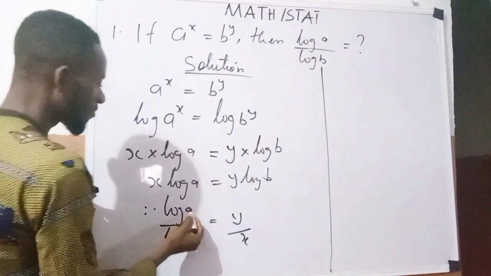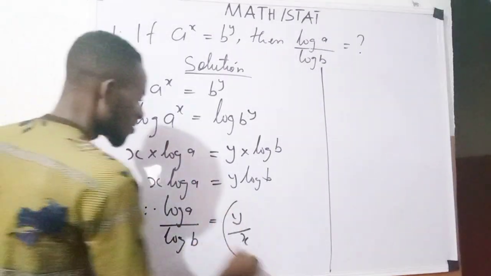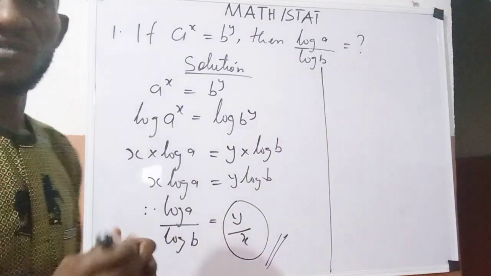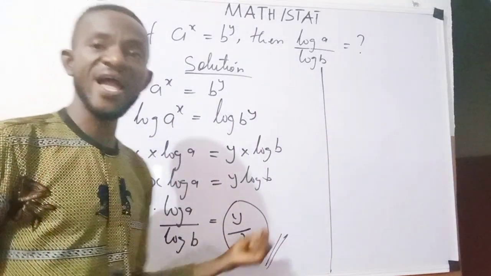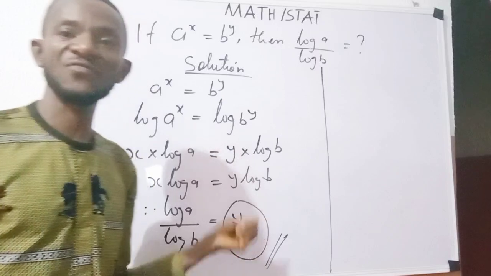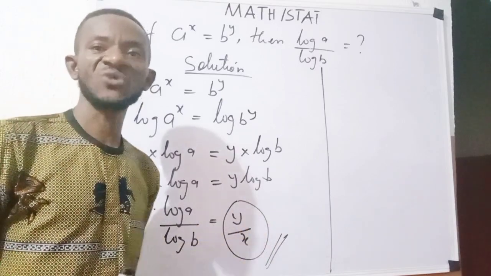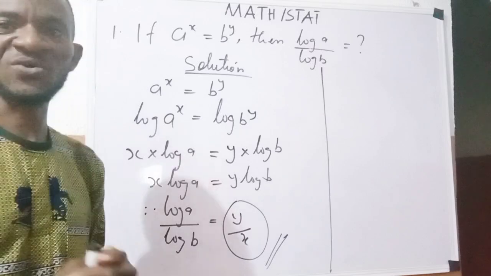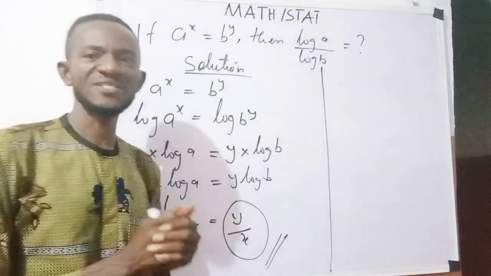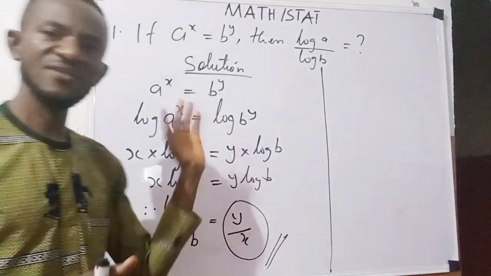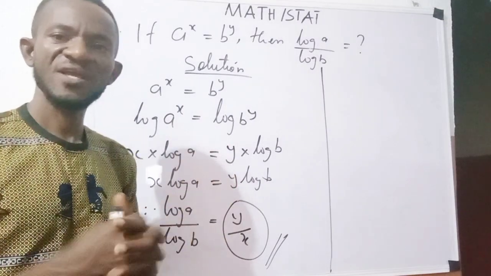So the value of log a all over log b is y all over x. So they can decide to say the true value of y is this and x is this. It's on that ground that you can make a substitution here and then you quickly arrive at your answer. You see how this thing is very, very simple to do. So they give you that kind of thing, then that's how you navigate your way out of that kind of problem.